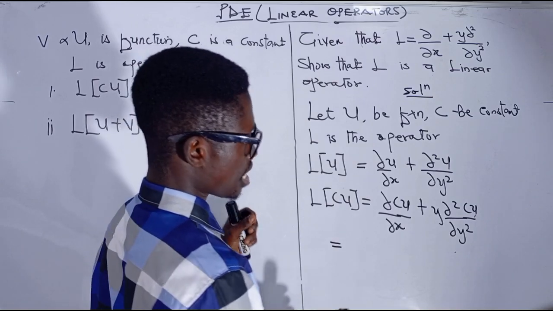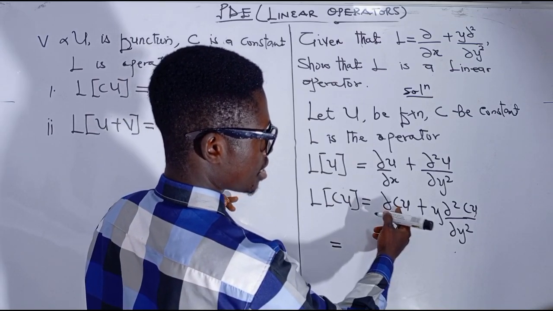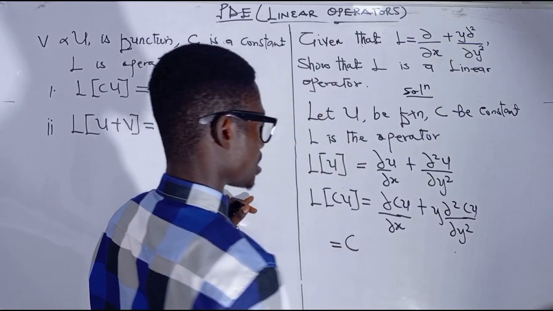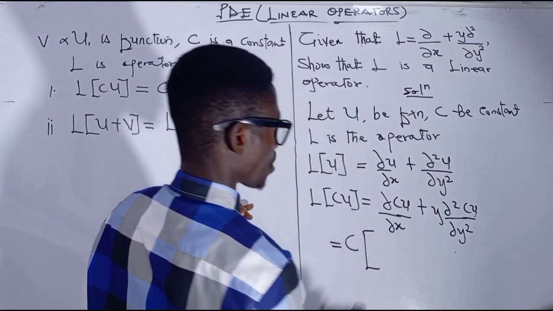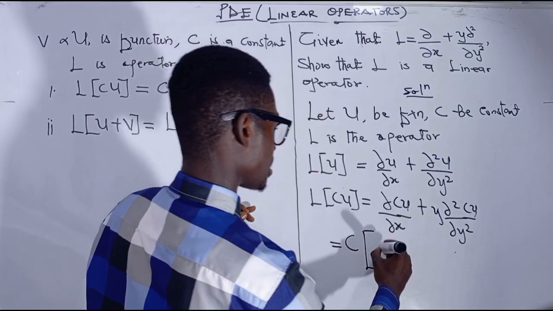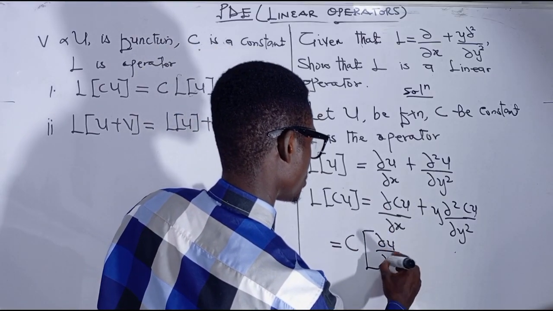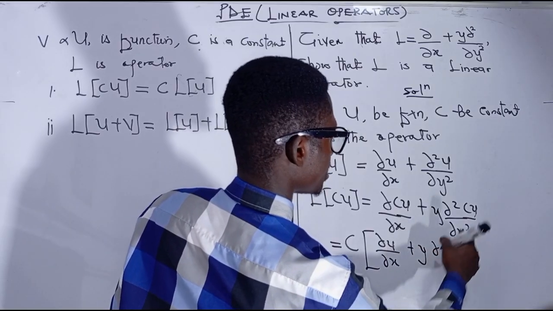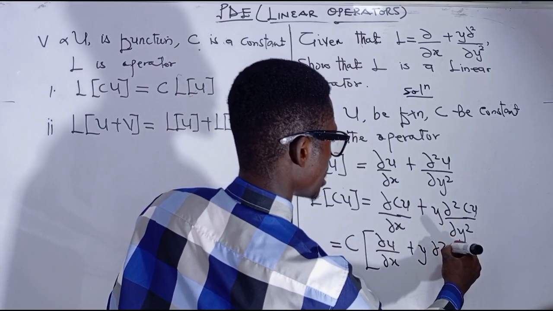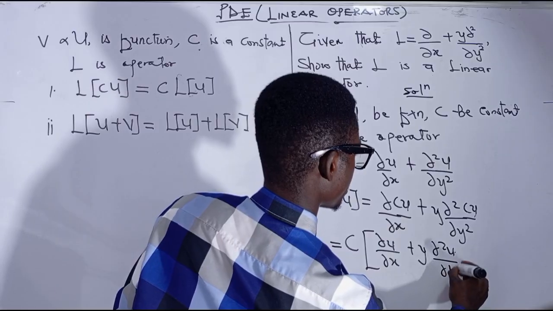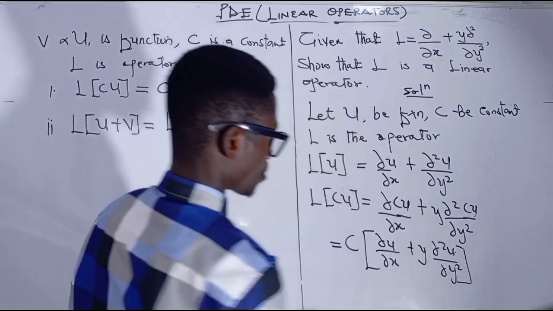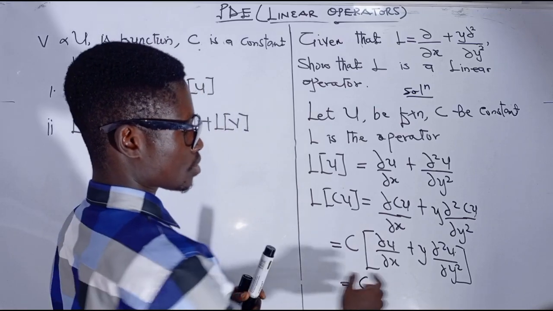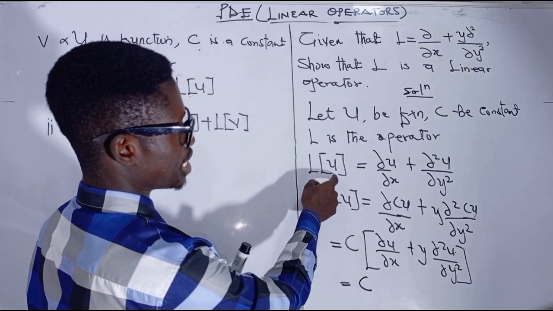Now from here, you can see that we have c here and c here, right? So we can bring c out. We are left with del u del x plus del square u del y squared. So we have c outside, and what is in the bracket is the same as Lu.